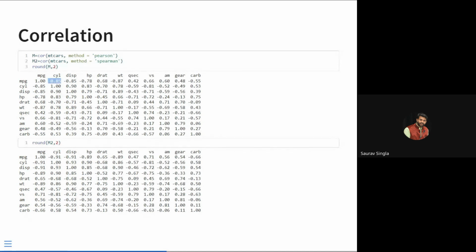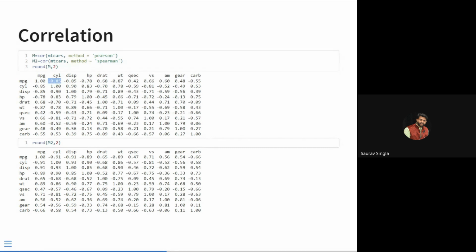In India we measure it using kmpl, kilometers per liter. Abroad they measure it using mpg, that is miles per gallon. Mile is the unit of distance and gallon is the unit of volume of petrol. So here it is just like kmpl, kilometers per liter. So mileage is very much negatively related with the cylinders.